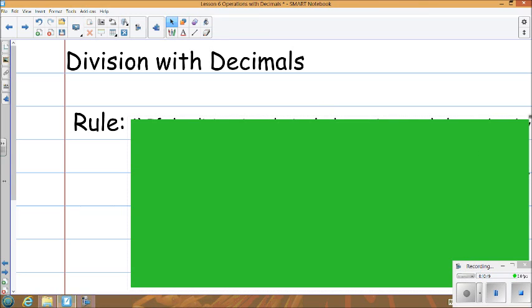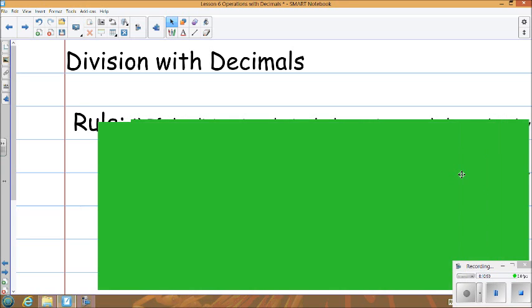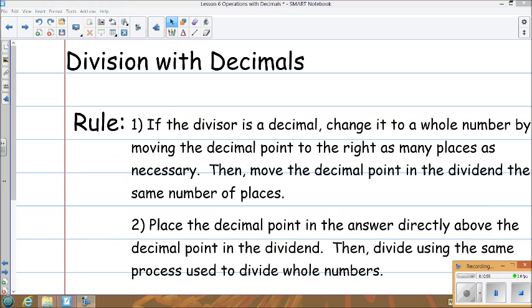So for division, if the divisor is a decimal, you're going to change it to a whole number by moving the decimal point to the right as many places as necessary. Then you're going to move the decimal point in the dividend the same number of places. So that's only if we're dividing by a decimal.